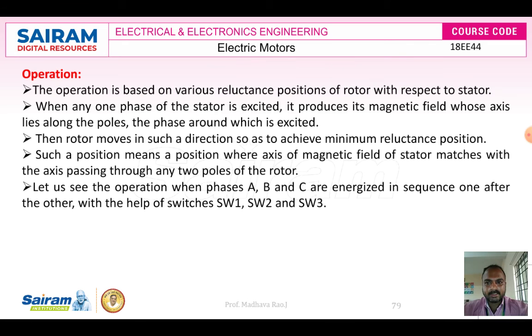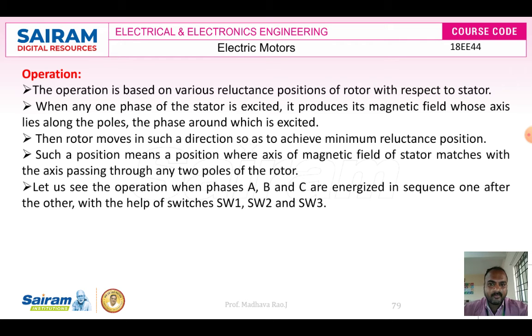Coming to the next one, operation. The operation is based on the varying reluctance positions of the rotor with respect to the stator. In this stepper motor, the number of stator poles and rotor poles are different, not the same.